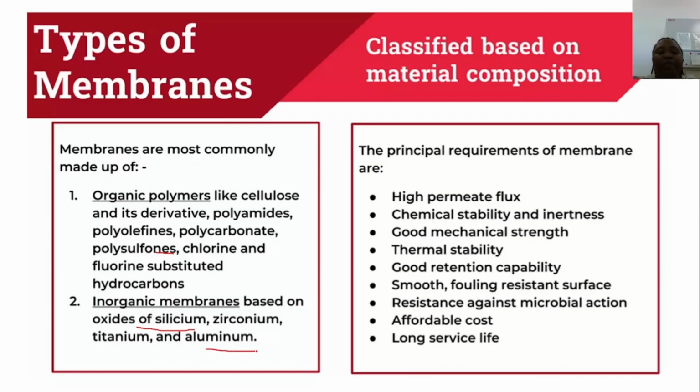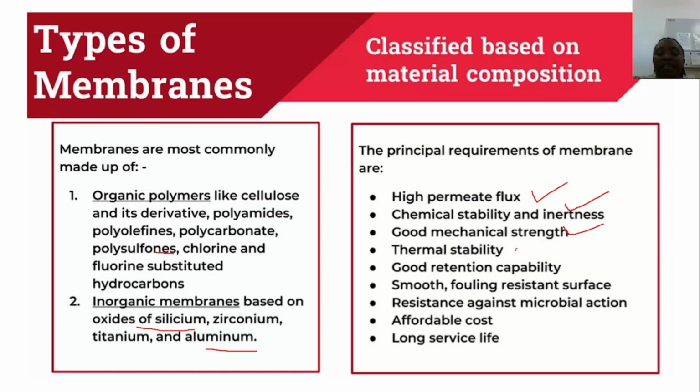The principal requirement of any membrane is that it should have a high permeate flux, so it is able to pass the permeate through as fast as possible. Then chemical stability and being inert, so that it is non-reactive. Then good mechanical strength, so that it doesn't get destroyed in the process of separation or over time.